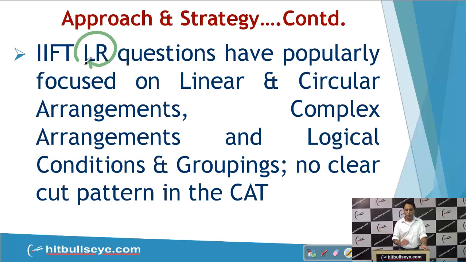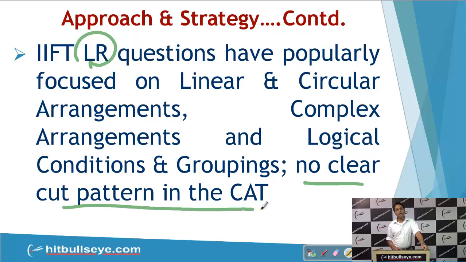IIFT logical reasoning questions have popularly focused on linear and circular arrangements, complex arrangements, and logical conditions and groupings. However, CAT remains a surprise, and there is no clear pattern in the logical reasoning section of the CAT. One has seen a diversity in terms of the pattern of questions, in terms of the difficulty level of the questions, in the CAT in particular.